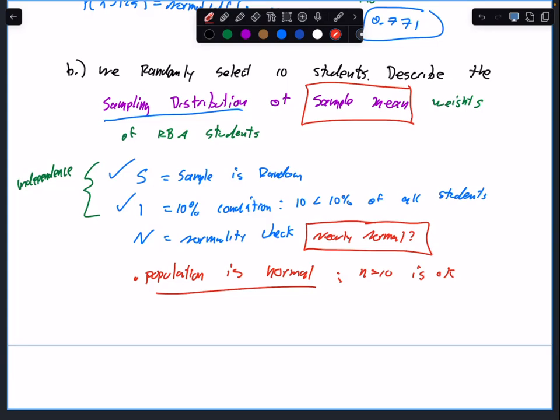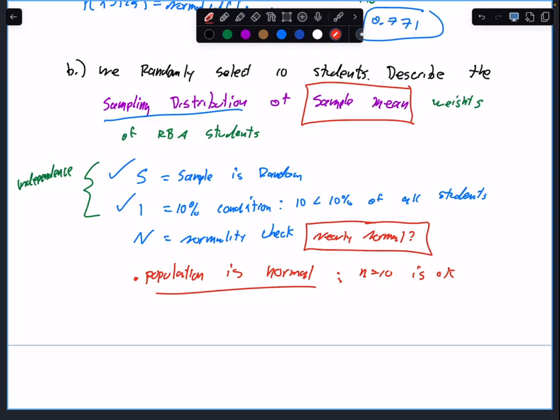But if the population distribution is already normal, then it's still normal. If you're already normal and I make you more normal, I'm not really doing anything to you. But if you're slightly not normal, then I can make you more normal, and it just depends, the bigger and bigger. So n of 30 is our magic number no matter what.